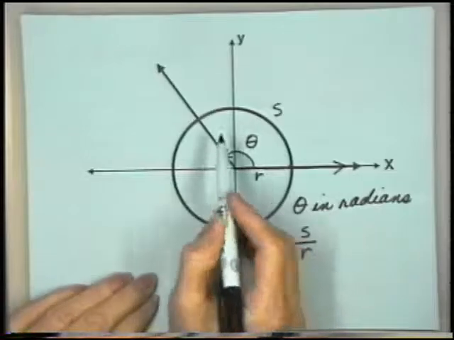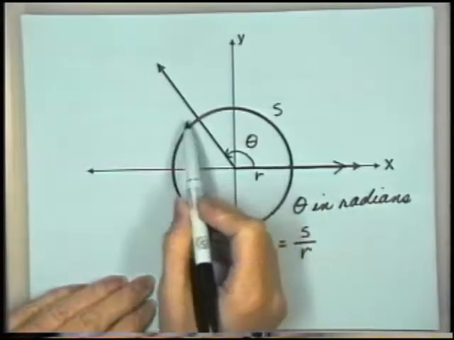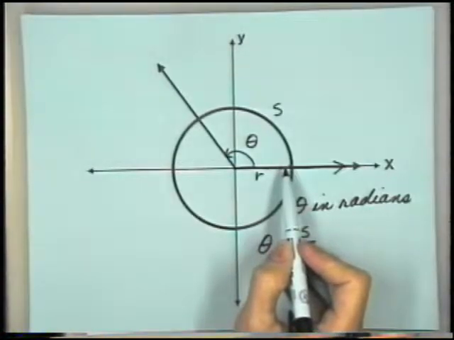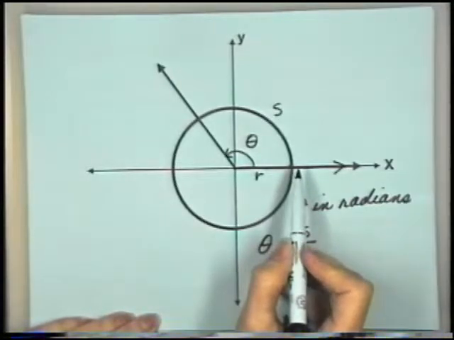Now, what if we want to find the length of this arc? Well, of course, we know for the whole circle that that would be the circumference, and we can find that by multiplying 2 times pi times r.